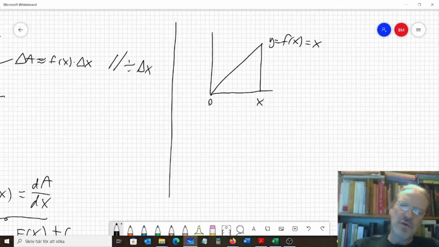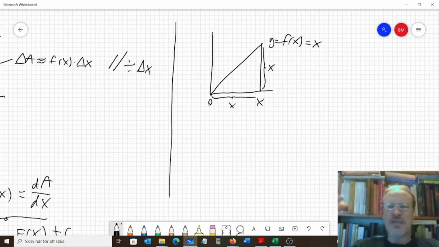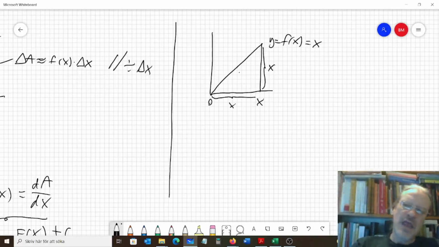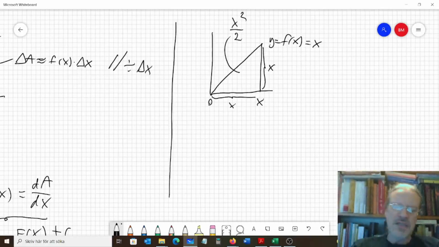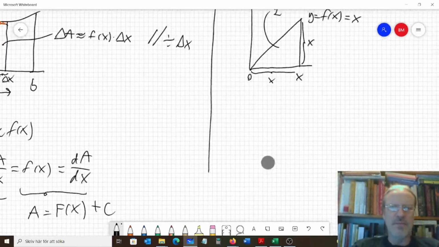The area is, of course, the base, that is x, times the height, that is also x, since our function f of x is x. So the area here will simply be the base times the height, x squared, divided by 2, since it's a triangle.